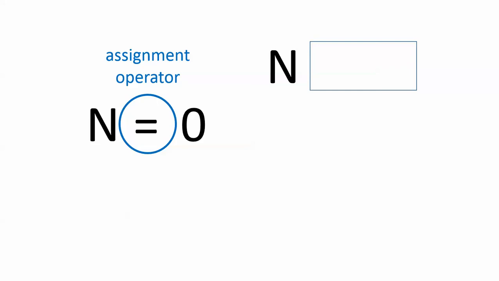I didn't have to do anything else to let MATLAB know that I wanted a variable and I wanted it named n. I just had to use it and assign it a value. And the value that I wanted to store there is 0. So now that 0 will get put into the memory location that is set aside for my variable n. Again, it's important to remember that assignment is directional. So I'm always going to assign the value on the right-hand side to the variable on the left-hand side.